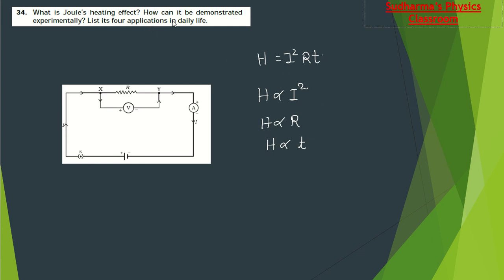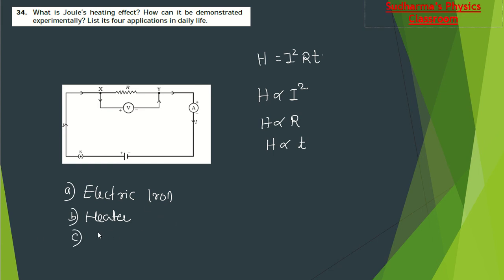What are the 4 applications of heating effect in daily life? We have already discussed the applications of the heating effect. One is electric iron, right? Electric iron. Then electric heater. Electric heaters will have a heating coil, right? That will be producing heating effect.